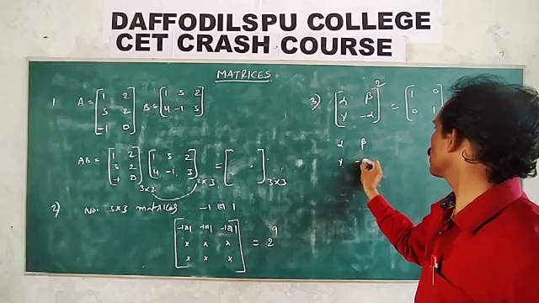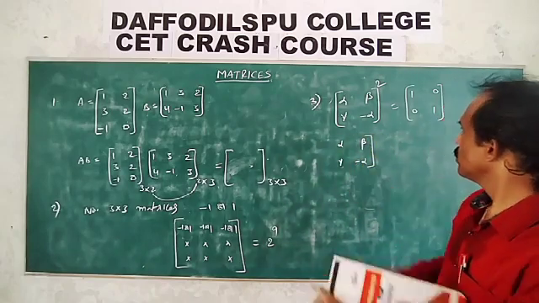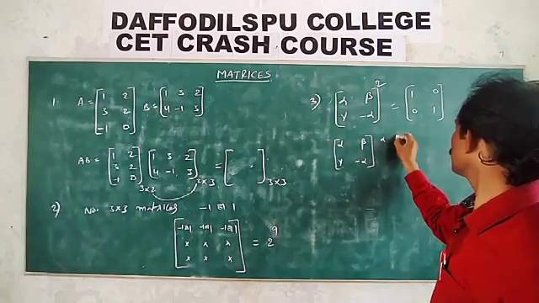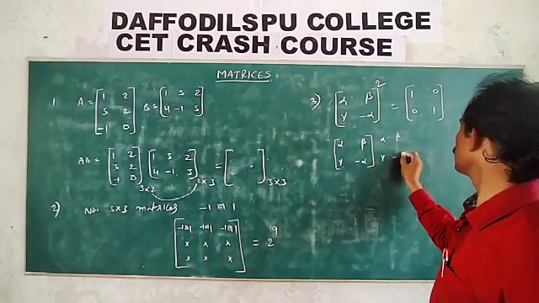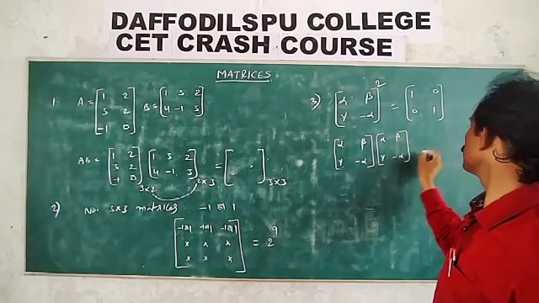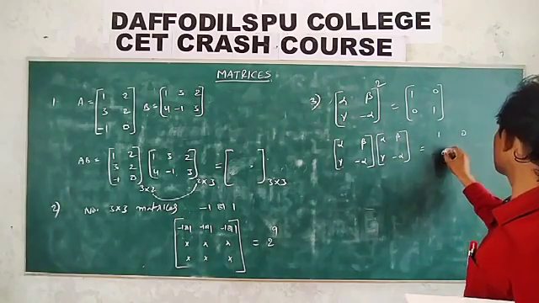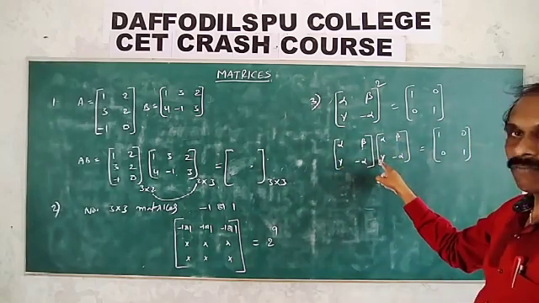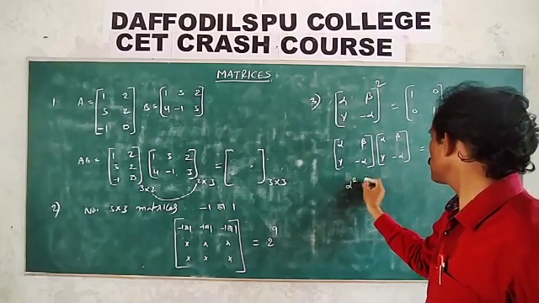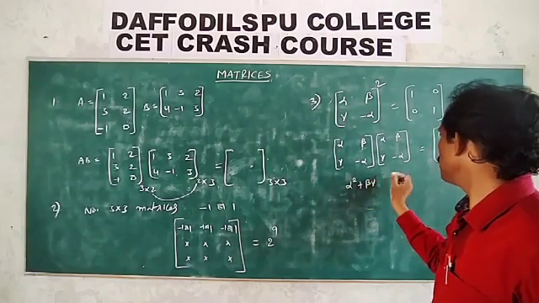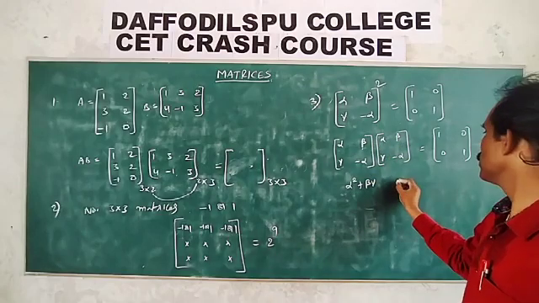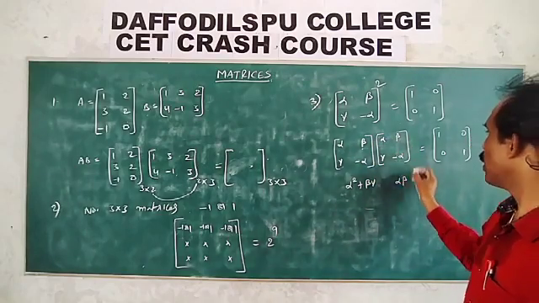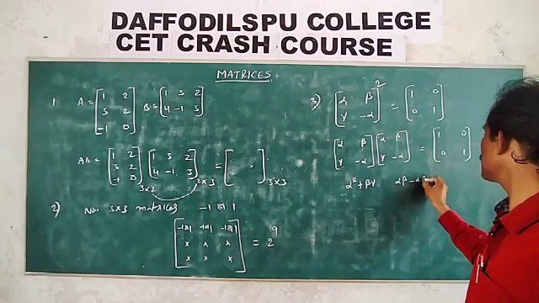Alpha, beta, gamma, minus alpha, squared. Multiply: first row, first column: alpha square plus beta gamma. First row, second column: alpha beta minus alpha beta.